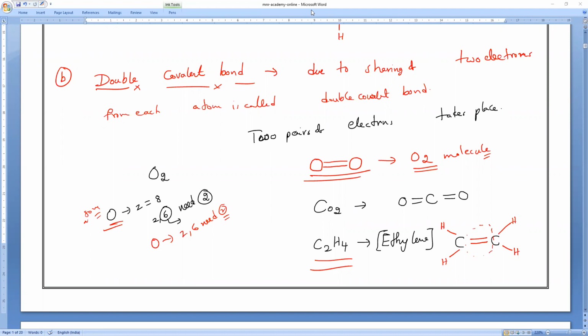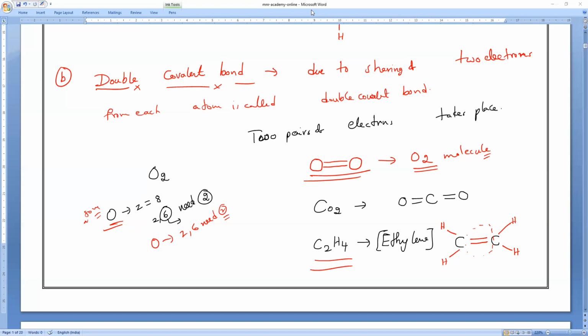Next, the third type, triple covalent bond. So please make a note. What is that? Triple covalent bond. Now triple means, you all by this time understand, how many electrons have to be shared? Everybody? Due to sharing of 3 electrons, 3 electrons from each atom, so totally how many pairs? 3 pairs of electrons.